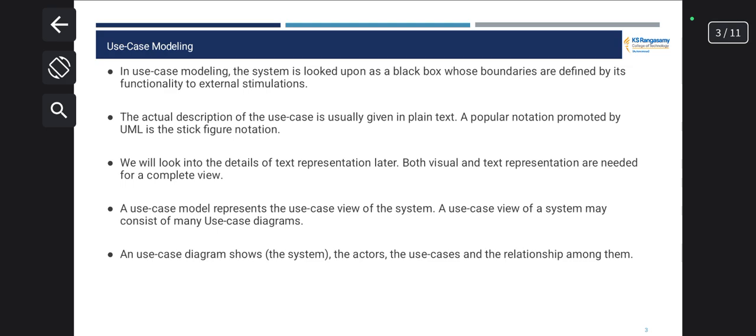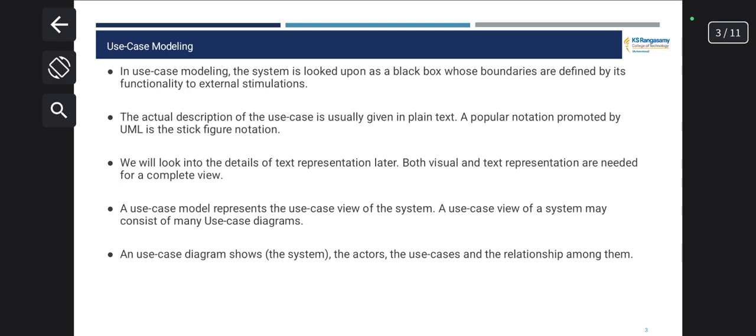In UML, use cases are represented using a stick figure notation for actors and an oval shape for use cases. The use case model usually contains both diagram representation and textual description. The diagram gives a visual idea and the text explains the step-by-step flow of actions.